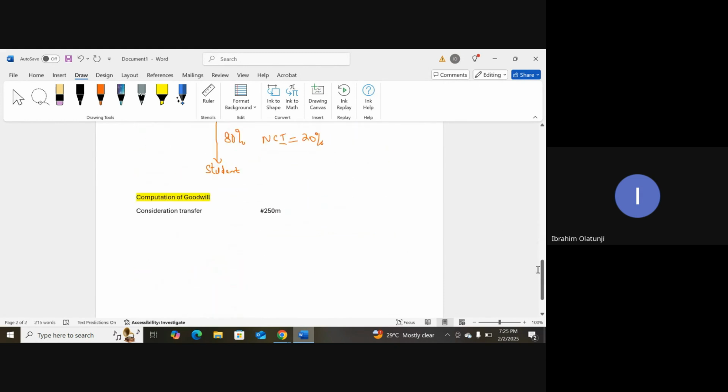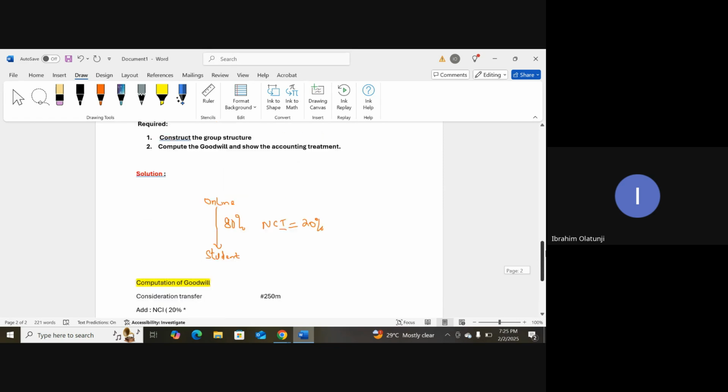Then you can come here and add your NCI, that non-controlling interest. Based on proportionate share, what is the percentage of NCI? When you acquire 80%, what's the remaining percentage of NCI? 20%, yes. Multiply by the proportionate share they are talking about.